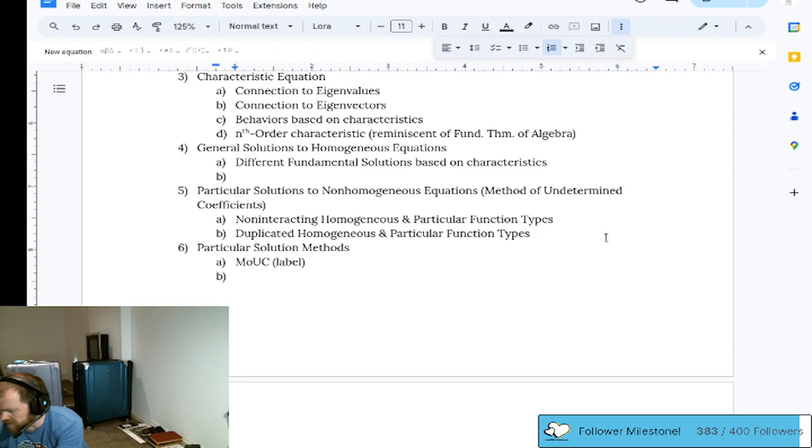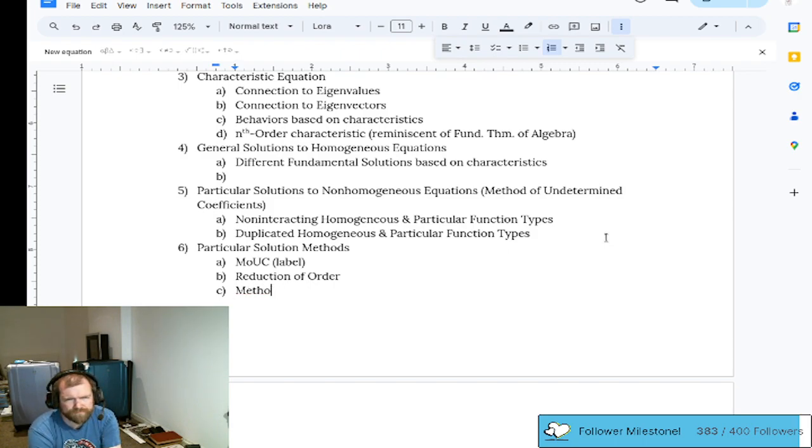Right, reduction of order is also one. I think doing variation of parameters is slightly better described in terms of matrix interactions, but I could be just wrong.